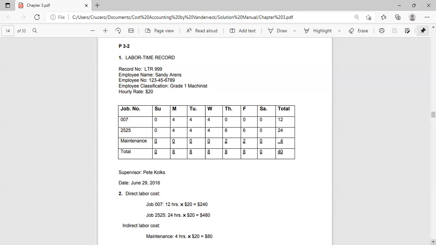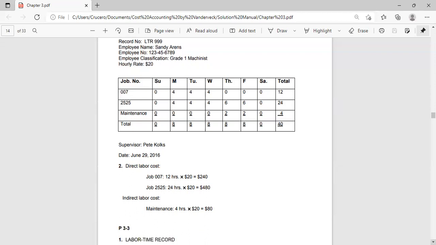So we get 240 and 480 for job 007 and 2525 respectively. Then for the indirect labor cost, for the maintenance, that's 4 hours times 20. So in other words, 80. Now these are the amounts of direct labor cost and indirect labor cost.